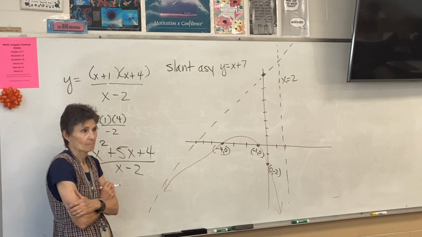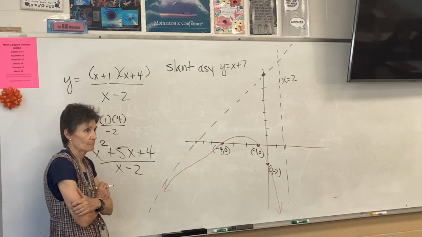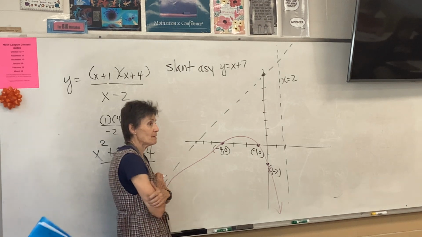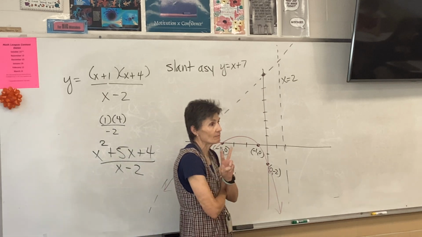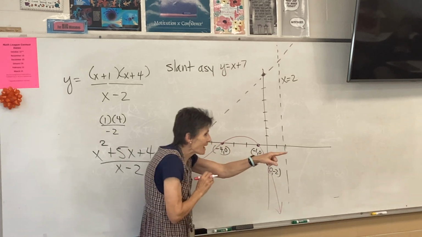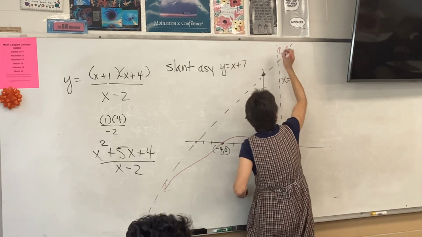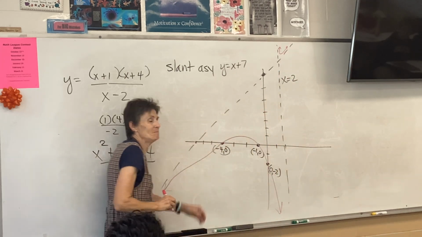So that's the parabola. But we're not done. How many pieces do we have to have? 2. Elijah says right here is the other piece, and he's exactly right.